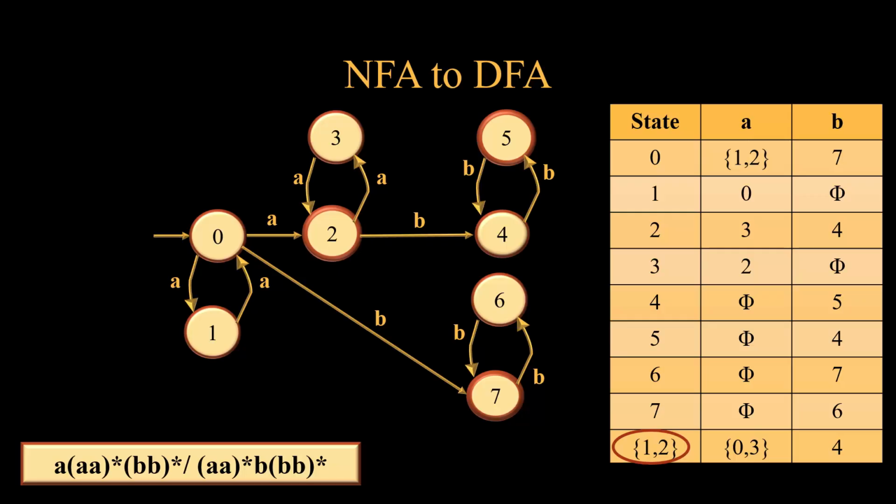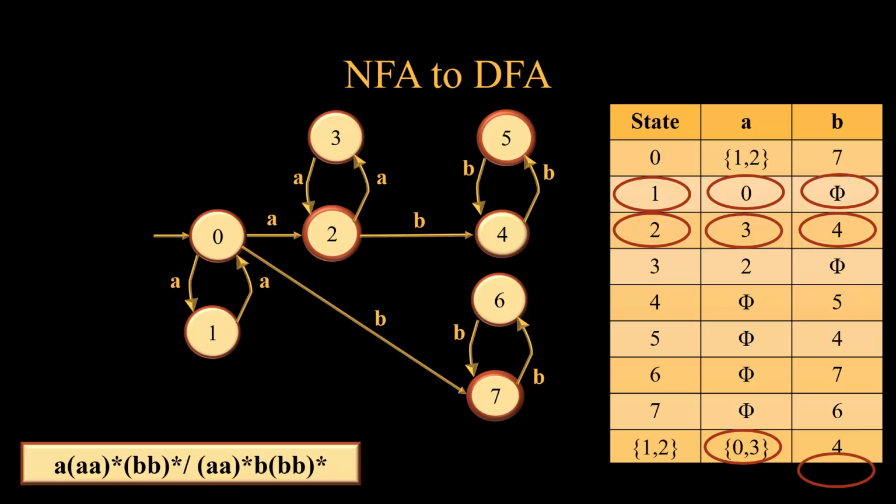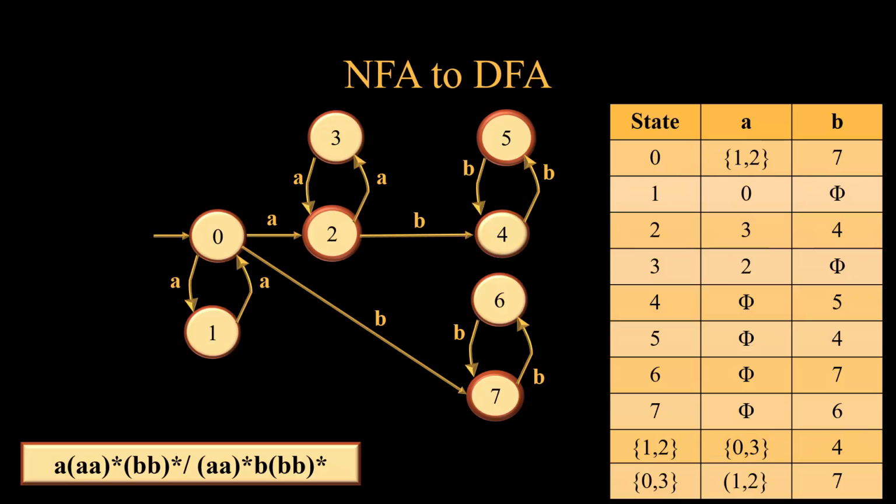So corresponding to 1,2, we draw the transitions. On a we get 0,3, on b we get 4. 0,3 is another new state, so we add this state into the set of states. Corresponding to 0,3 we have 1,2 on a, and on b we have 7.